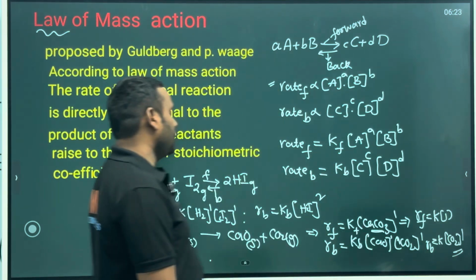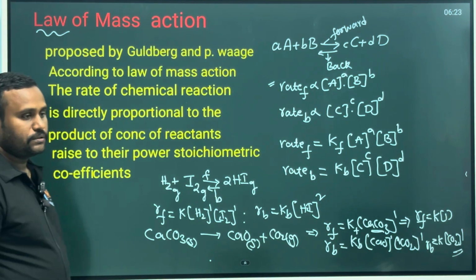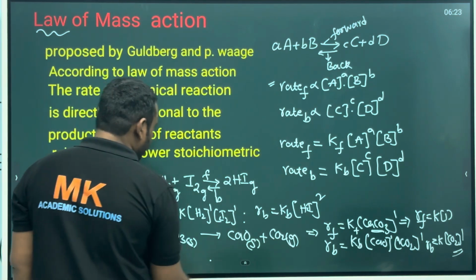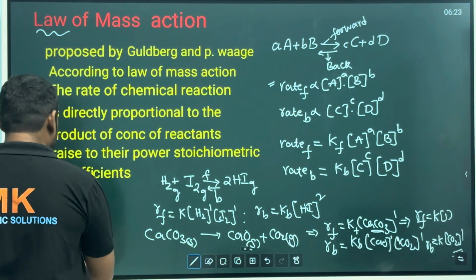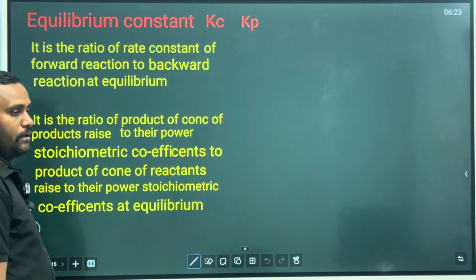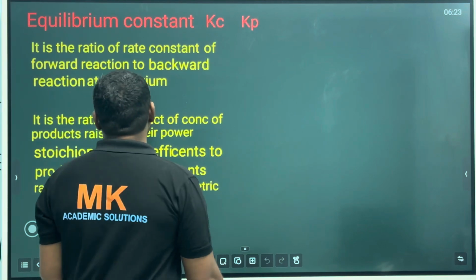Likewise, we are going to write the law of mass action. Okay, this is about the law of mass action. And come to the last topic of this lecture, that is equilibrium constant. So what is equilibrium constant?